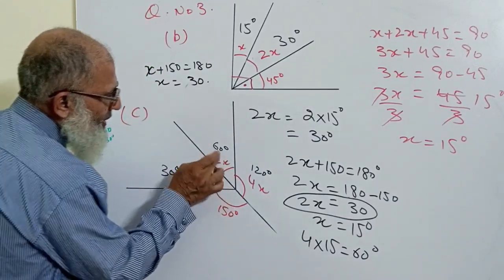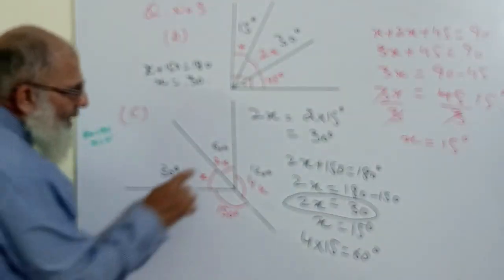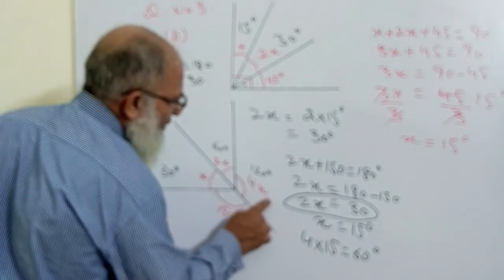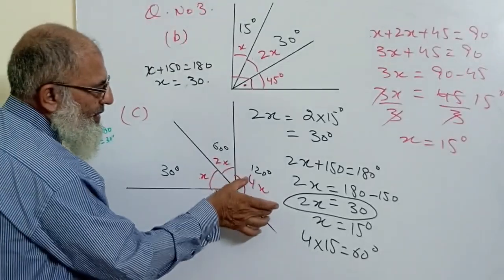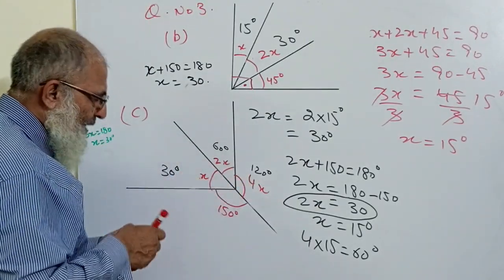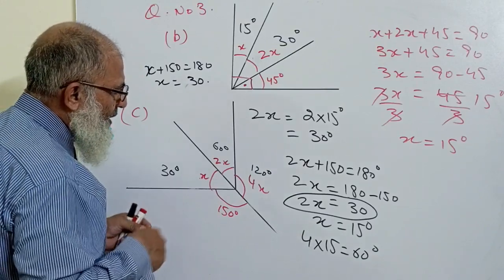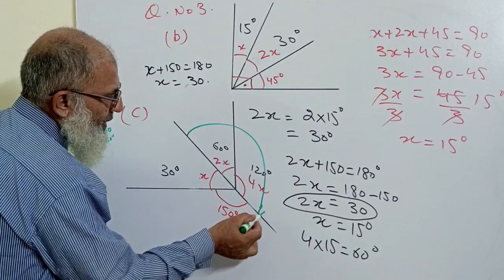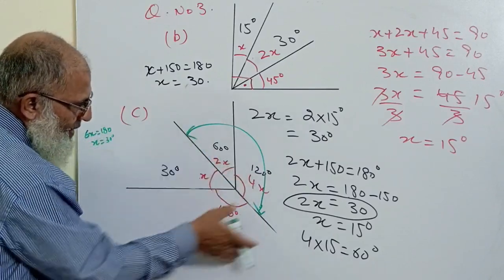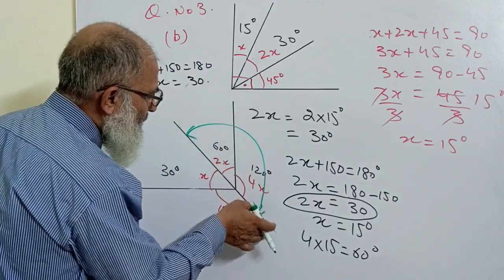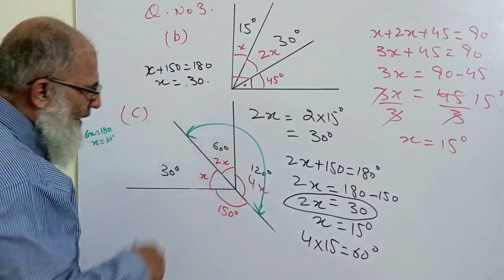And here it was given x, x was 15 degrees, and 4 times 15 is 60. So this side was not being verified. This side, whatsoever is given, was verified, but this side was not. Now you can verify both sides.